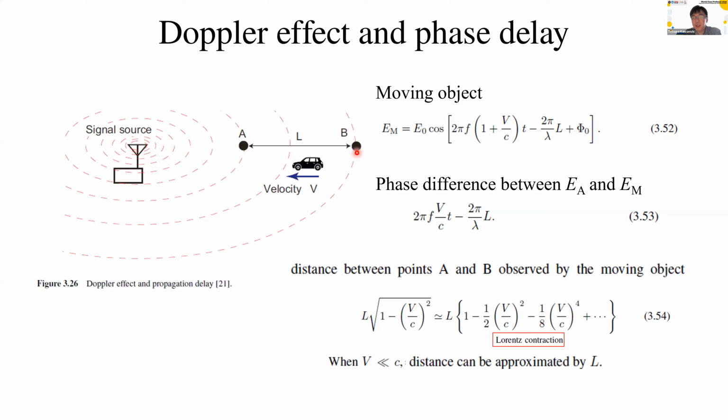And at point B, of course, we have a phase delay due to propagation. So the phase difference between the wave observed at point A and on the moving object can be described by this equation.